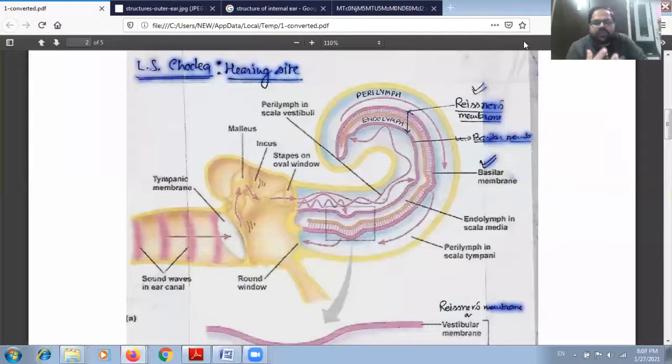So when we are talking about the movement of sound waves, we can see here that the sound waves enter inside the external ear through this auditory canal, and hit the tympanic membrane, and this tympanic membrane vibrates, and by the vibration of this tympanic membrane, the ear ossicles of the middle ear also vibrate, and it amplifies the vibration of the sound.